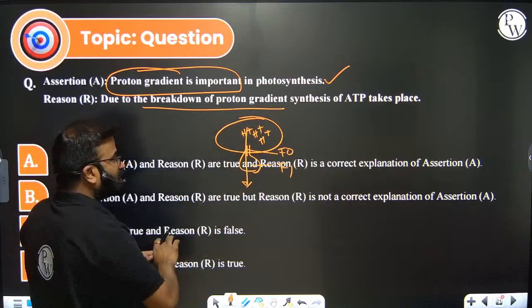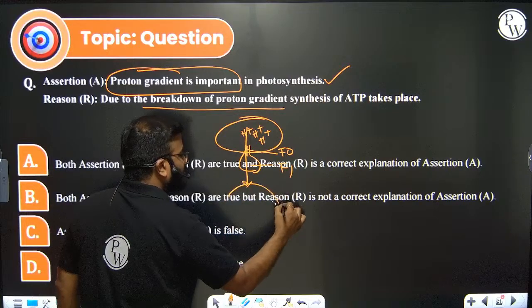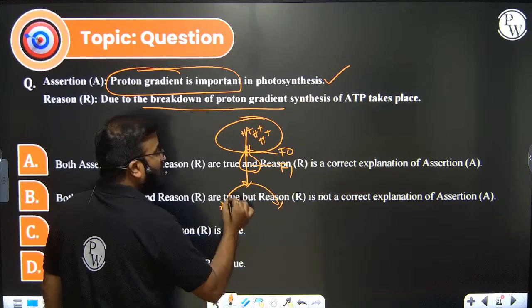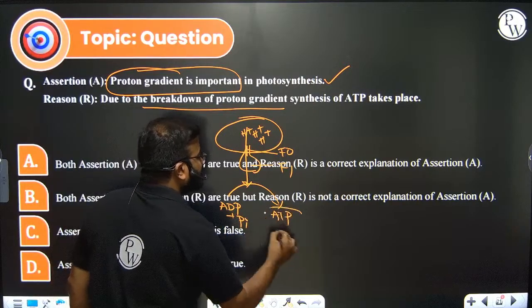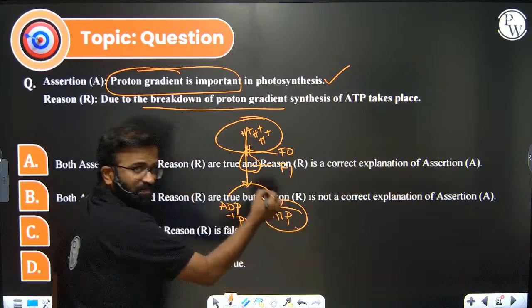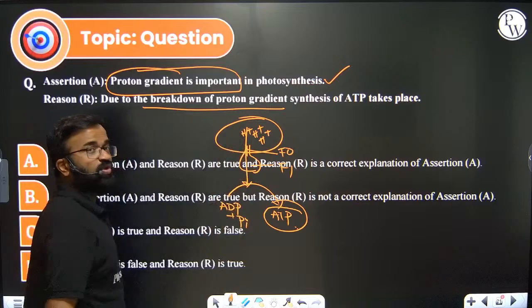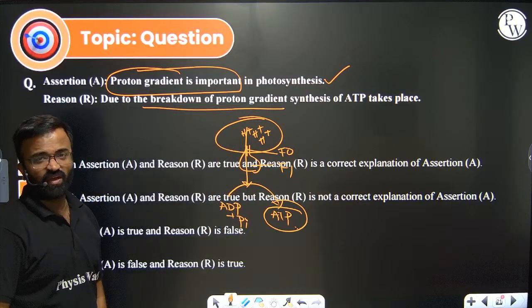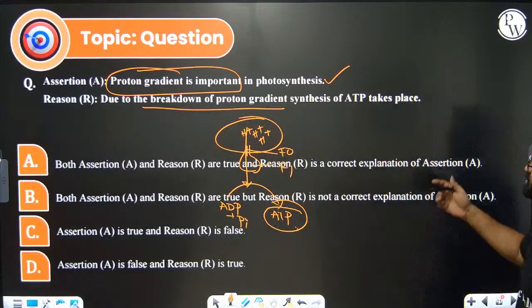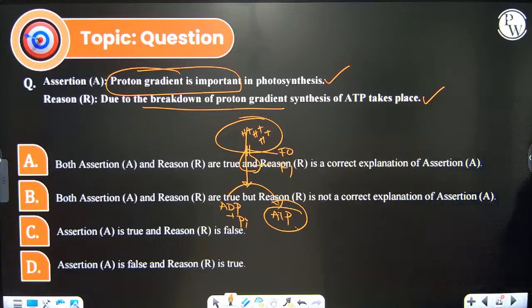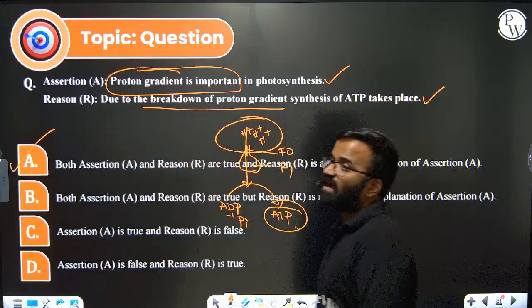It acts as a channel, and the F1 rotates and makes ATP by combining adenosine diphosphate and inorganic phosphate. So in order to make ATP, we need to create a proton gradient within the lumen of the thylakoid, which is very important. So both the statements are true, and it is the right explanation of the assertion. So I'll go with A as the answer.